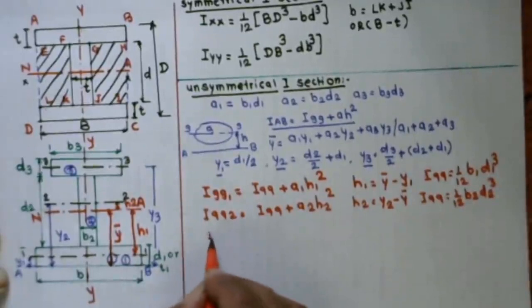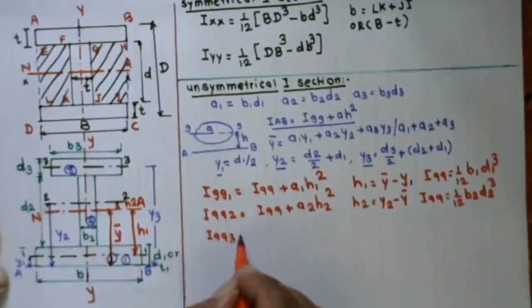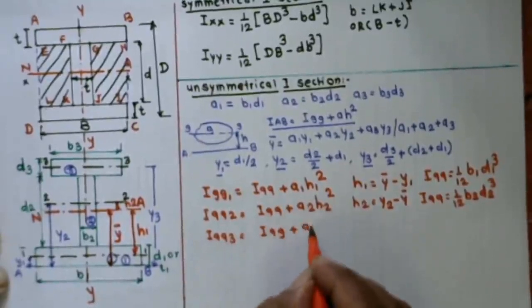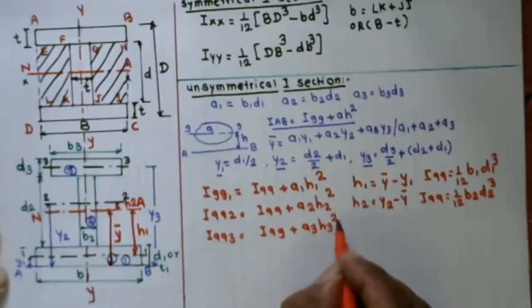Next is Ixx3, which is Ig3 plus a3 h3 square.